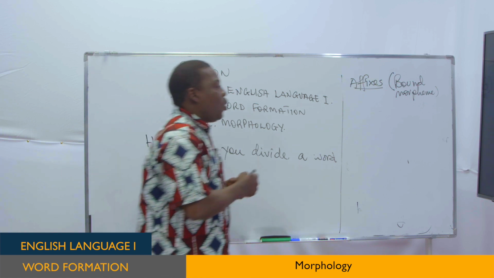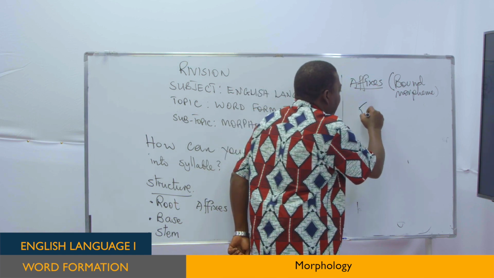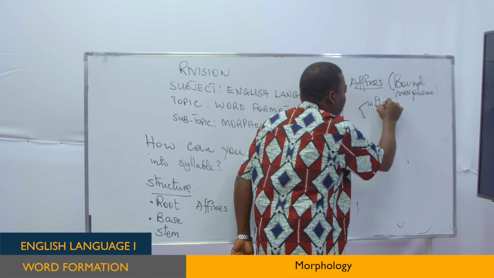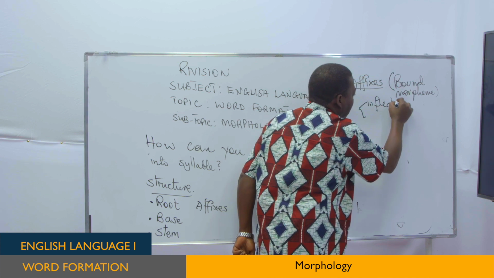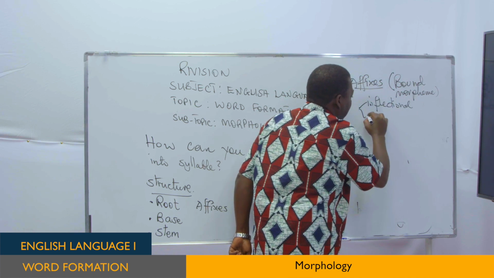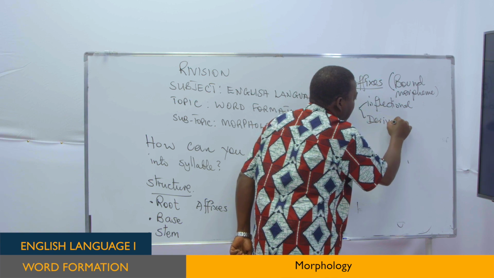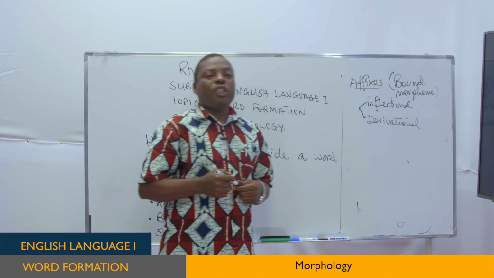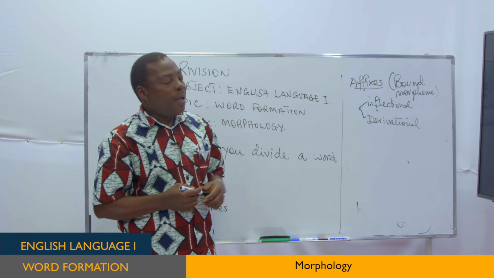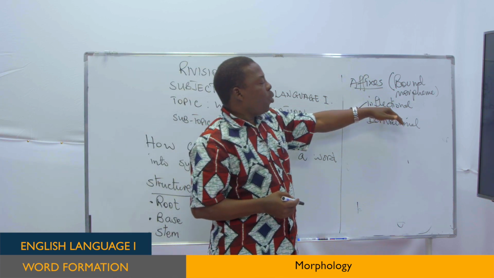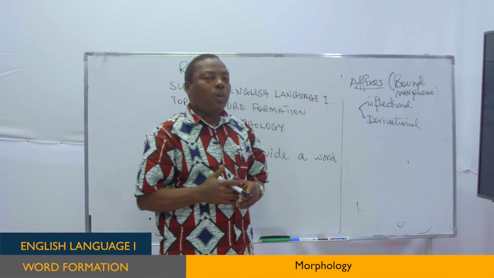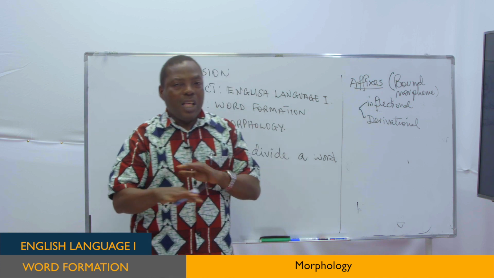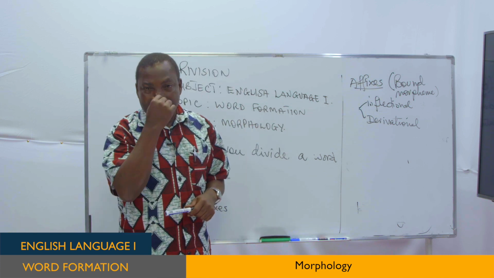With this, we refer to the two categories as inflectional and derivational affixes. The inflectionals are those which, when you attach them, don't change the word class, but the derivational are those which, when you attach them, do change the word class.